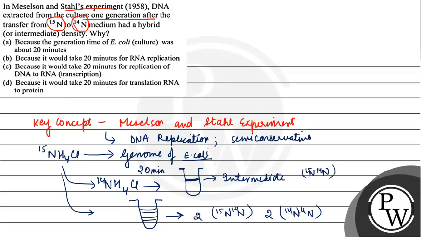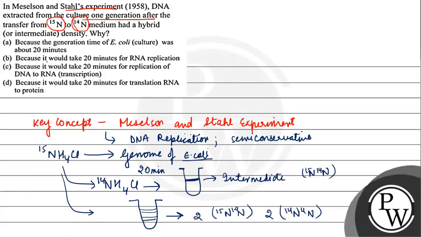So this was the Meselson and Stahl experiment, which proved that replication is semi-conservative, as we have seen in this experiment. So let us move to the options.